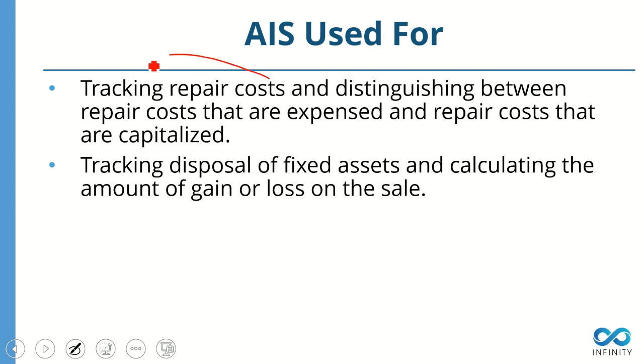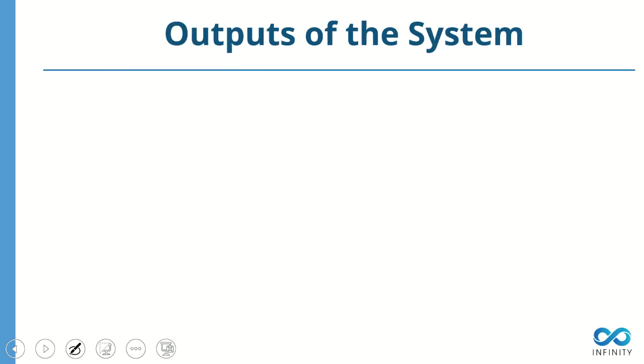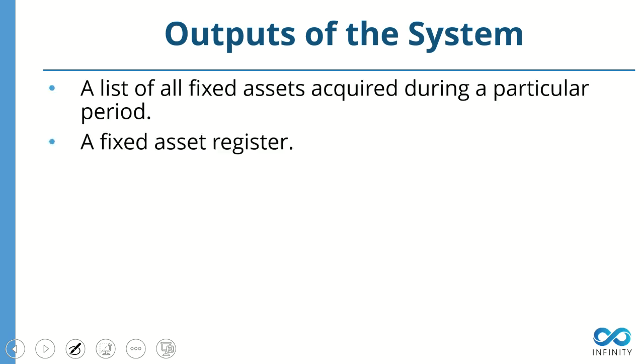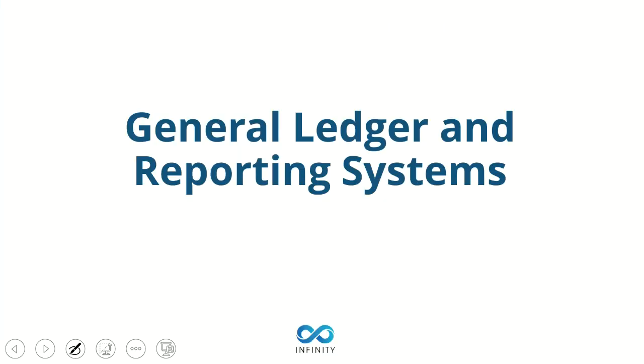And also for tracking the repair cost of the organization and tracking disposal of fixed assets. How many assets have been sold, and are you getting any gain, or are you incurring any loss? All that information you can get by incorporating AIS in your fixed asset system.